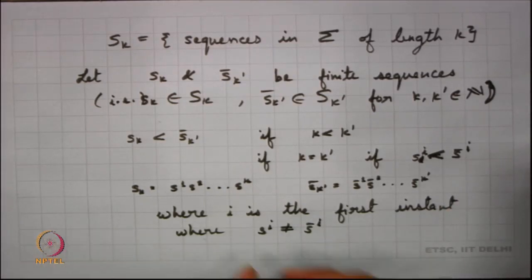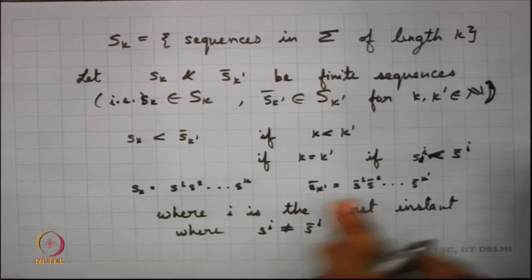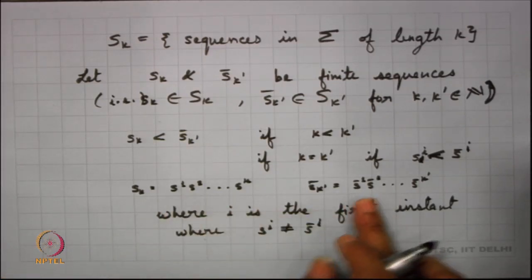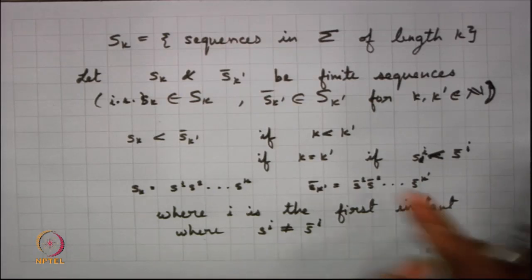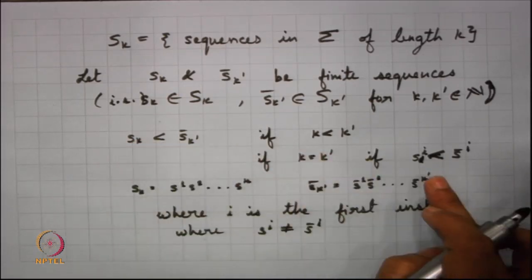We try to compare these sequences: S_1 is the same as S̄_1, S_2 is the same as S̄_2. We compare this part and then see what happens at the i-th instant. At the first place where they are not equal, if my S_i is less than S̄_i, then this sequence is less than that one.